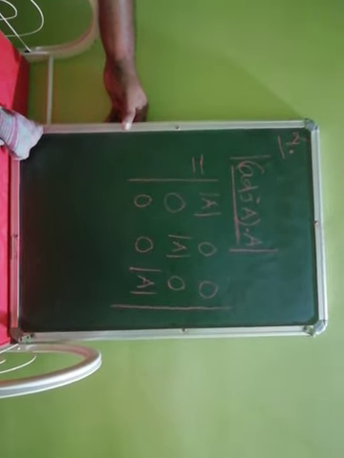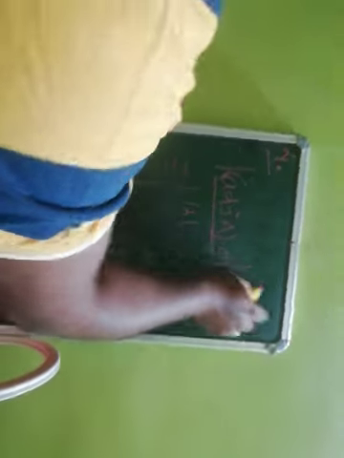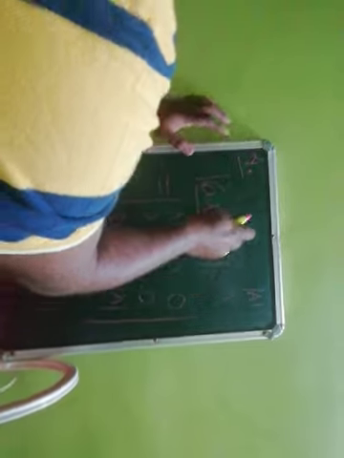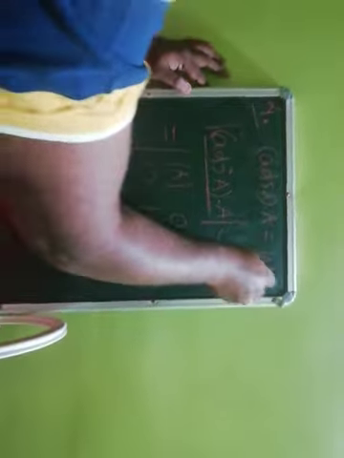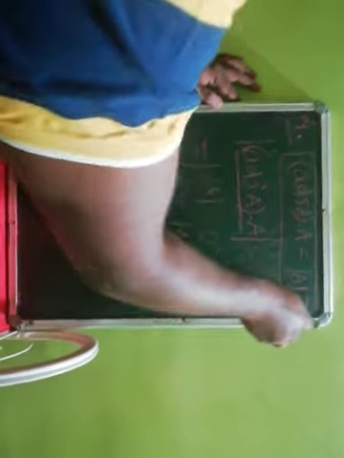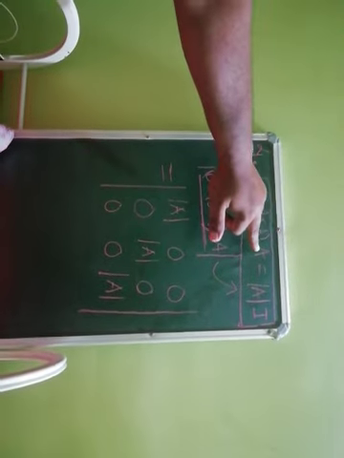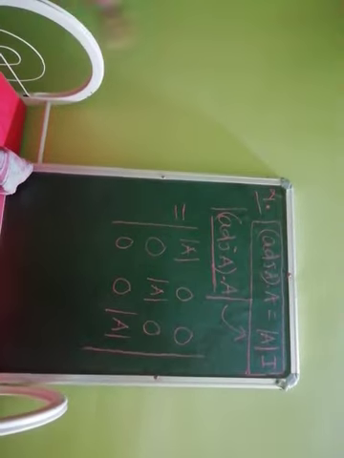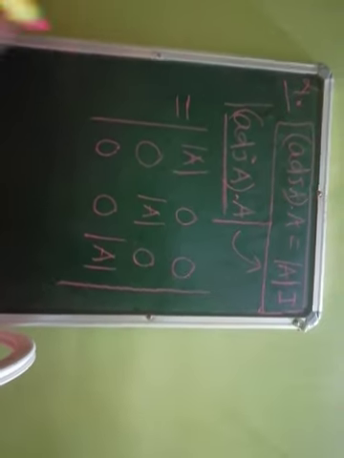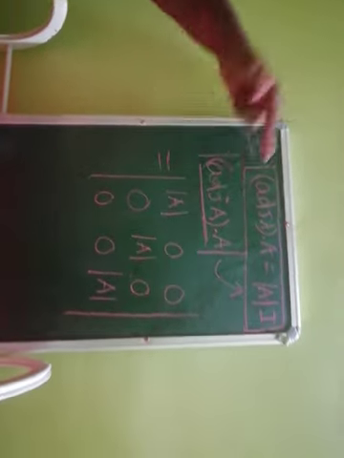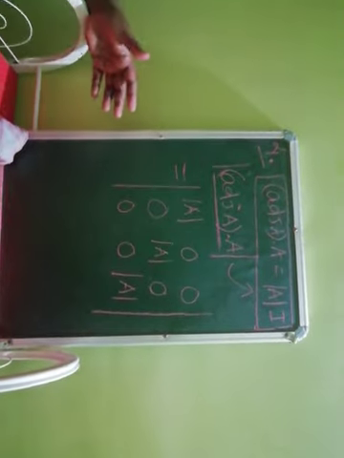That was the first result: adjoint of A into A is determinant of A into I. Now I am finding the determinant of the product of a matrix and its adjoint, adjoint of A into A or A into adjoint of A.